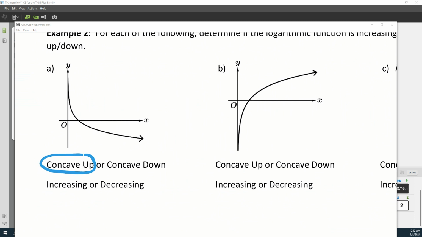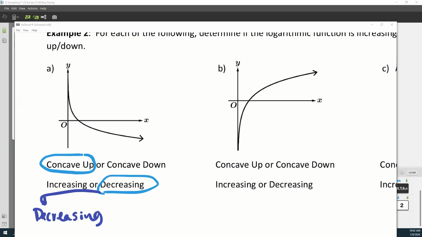All right, is the function increasing or decreasing? Decreasing. Now that is not the way it's worded on your worksheet. So it has a statement, something like that it is decreasing. But for concave up, is the rate of change increasing or decreasing?